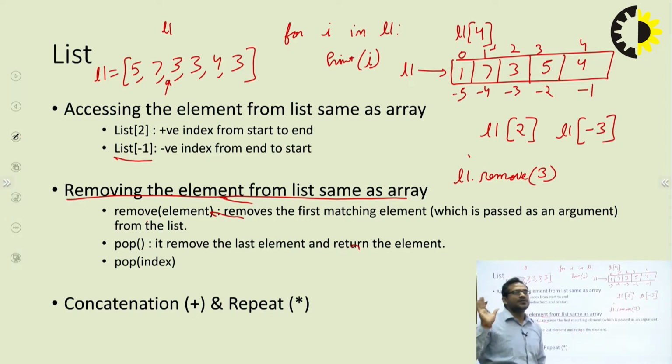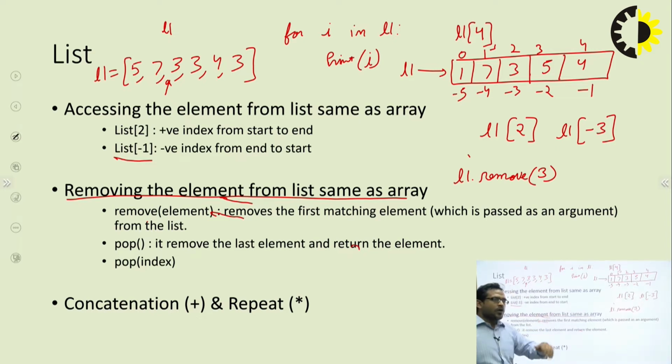It is removed from the list. Got my point? So if your list has a duplicate value and you call the remove function, it automatically removes the first appearance. Whenever the first appearance occurs in a list, it is just removed.